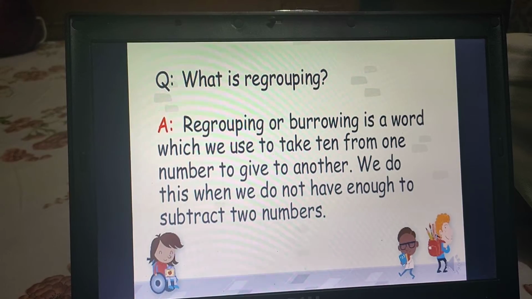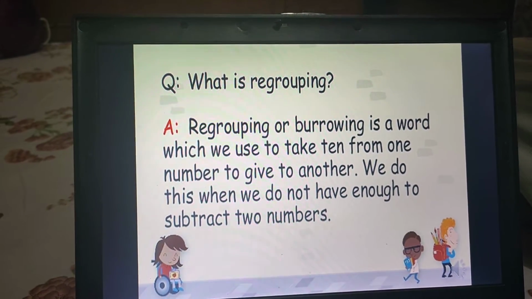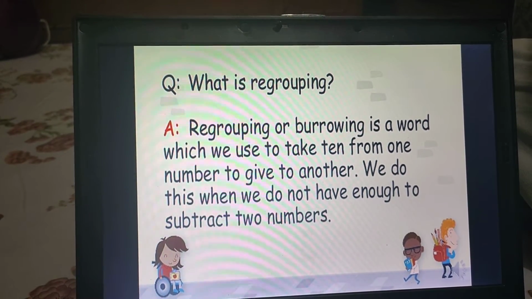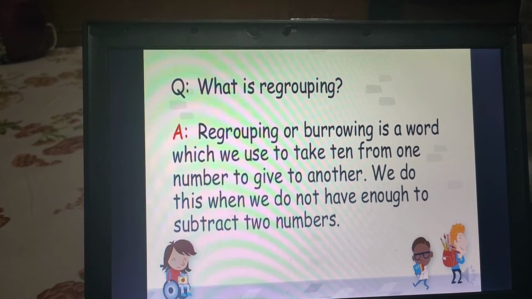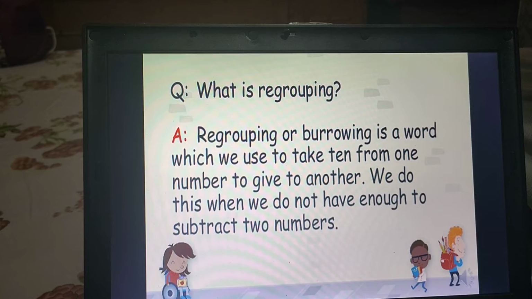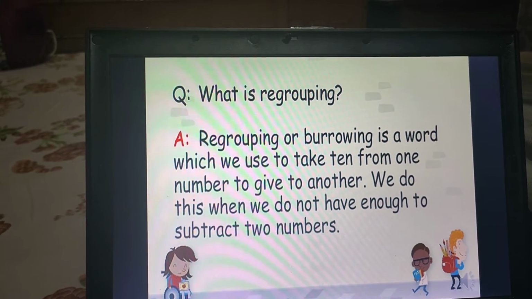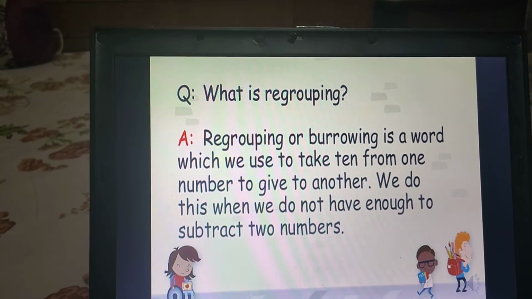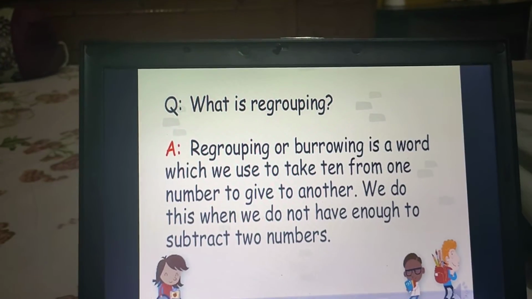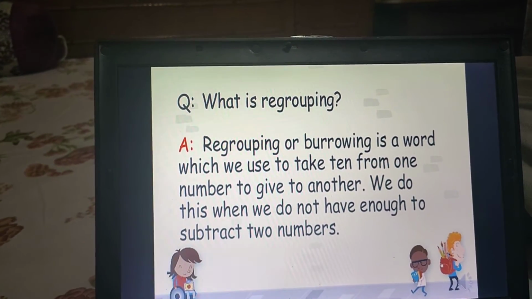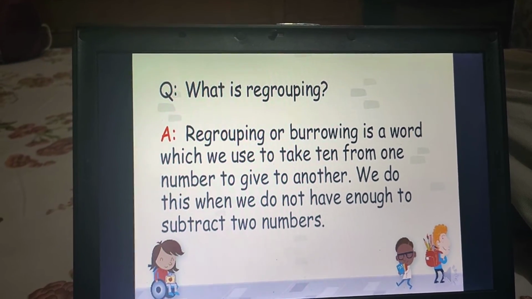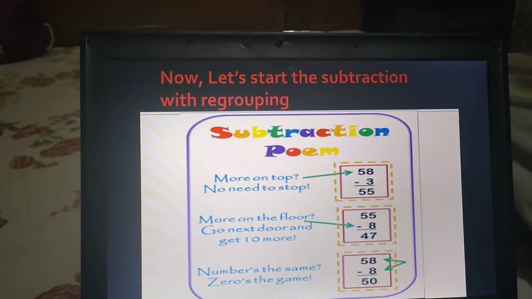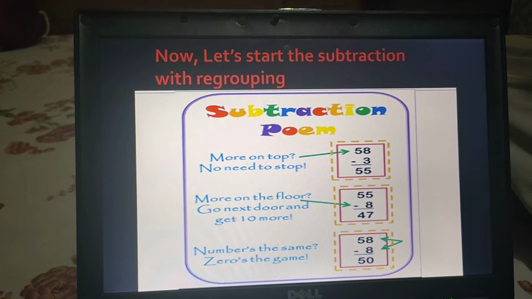So regrouping or borrowing is a word which we use to take 10 from one number to give to another, when we do not have enough to subtract two numbers. So that means when we take one extra from the 10's digit and add it to the 1's digit, that is called regrouping or borrowing. Let's understand this with a subtraction poem.